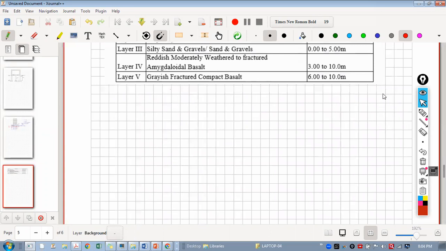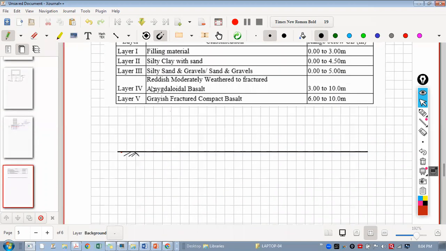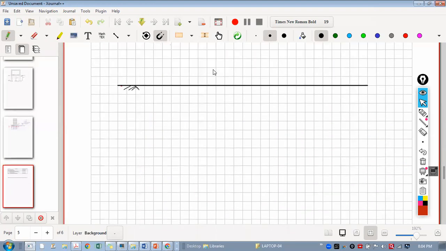Just try to understand. Let's say this is your natural ground level, and they have done the drilling here. So this is your core log, not bore log.